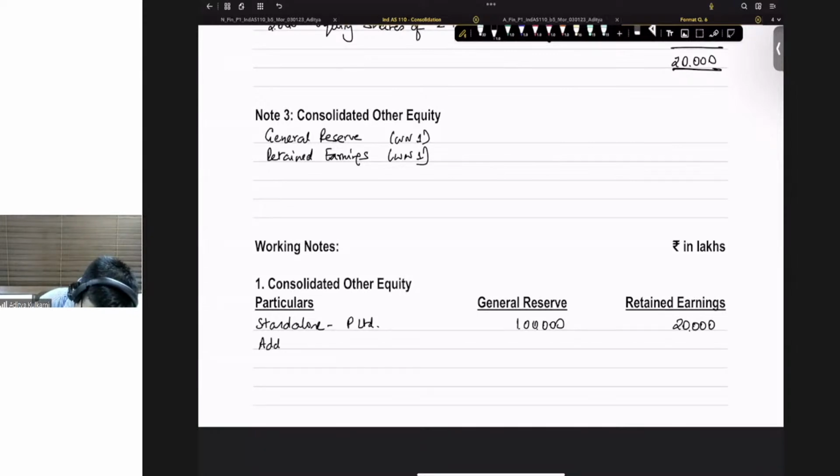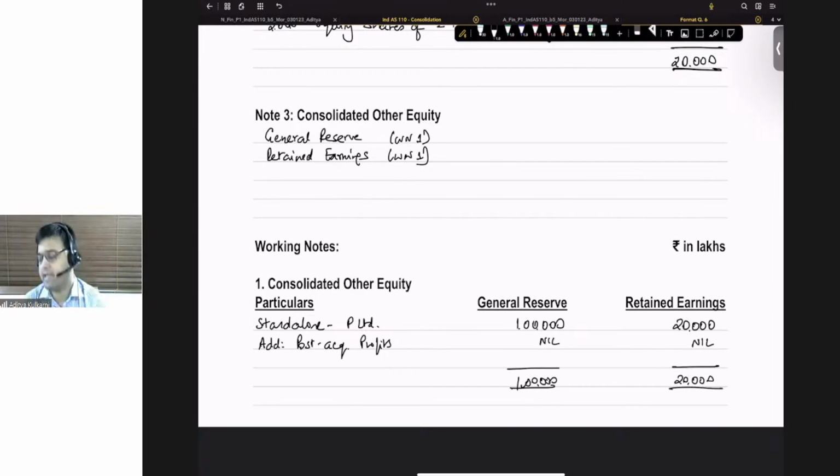So add post-acquisition profits, nothing. So this is 1 lakh. It is 0 because we are preparing the balance sheet on the date of acquisition itself. So my general reserve is going to appear at 1 lakh and this will appear at 20,000. So 1 lakh 20.